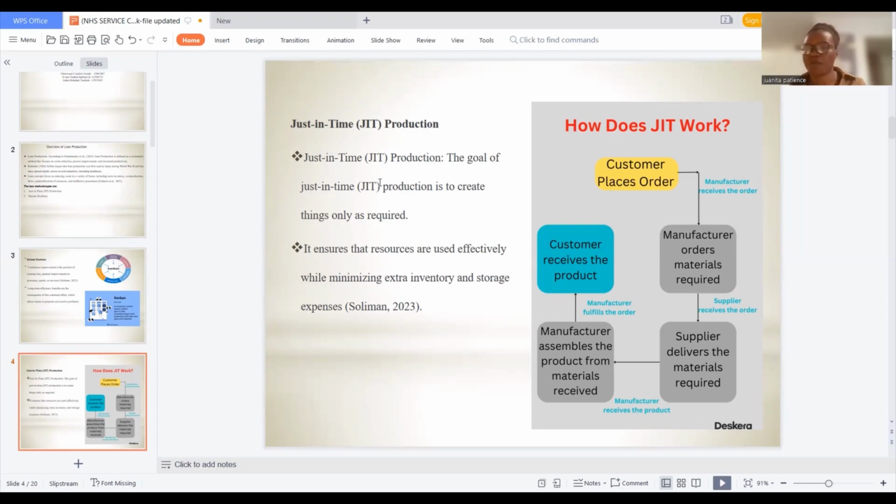for excessive inventory. Now, the diagram shows how this works, from the customer placing an order to the manufacturer ordering the material required from the suppliers, to the manufacturers, and back to the customer receiving the product.